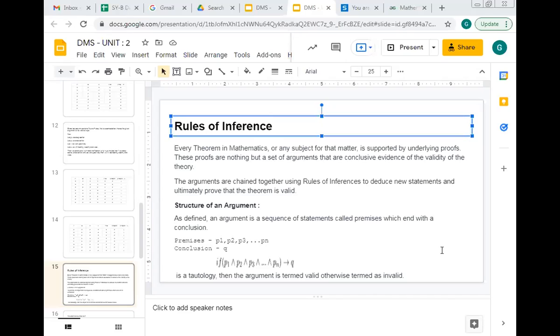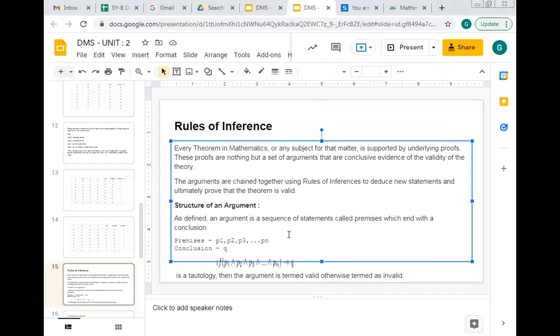So what we will do is tomorrow our lecture is there, 2:30 to 3:30.